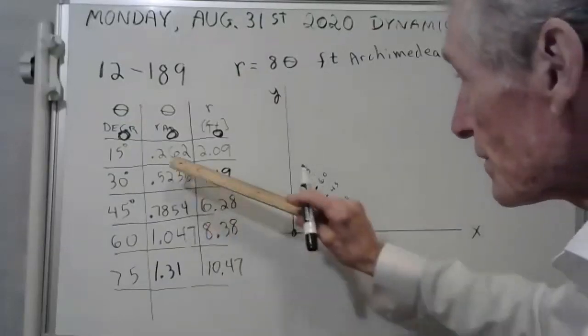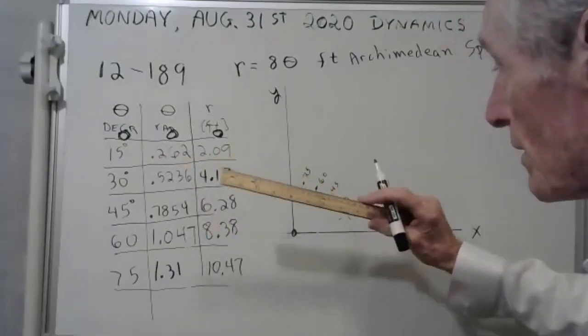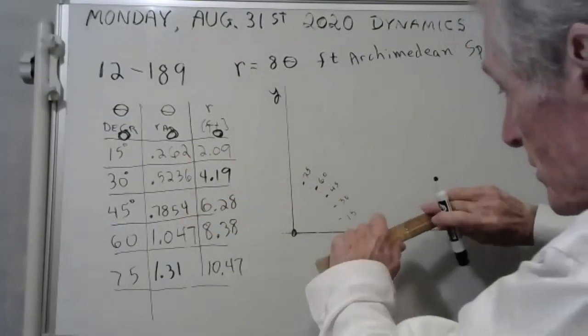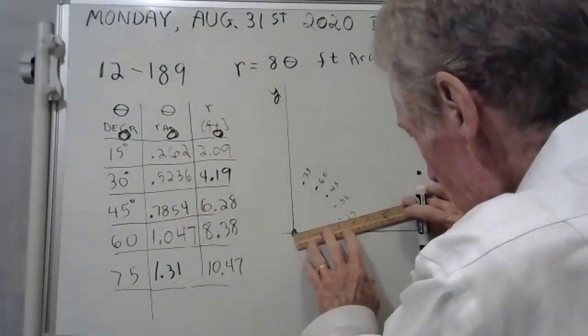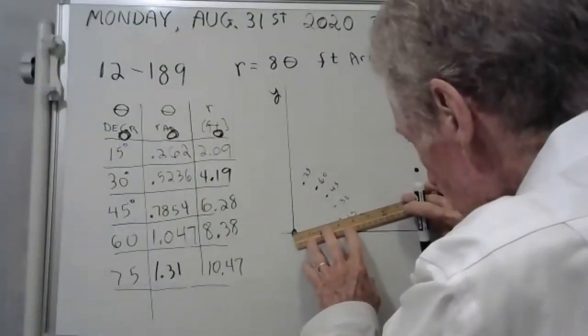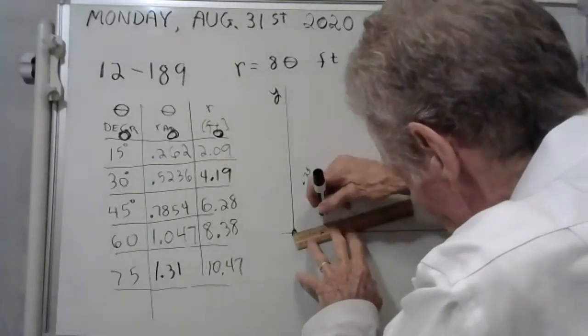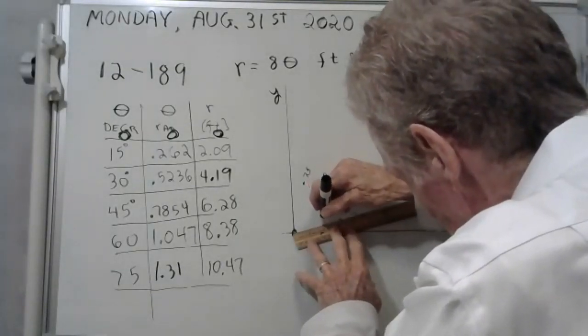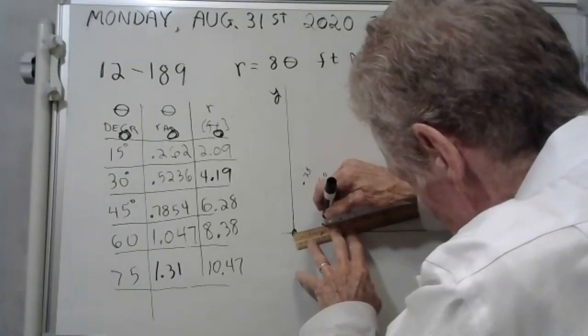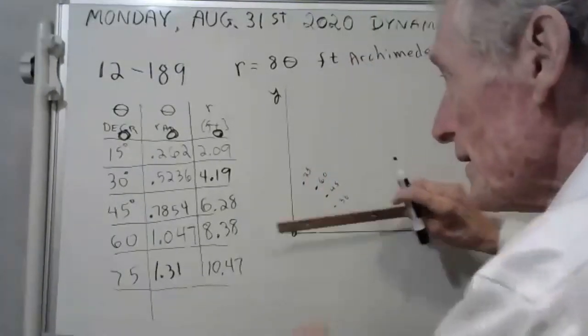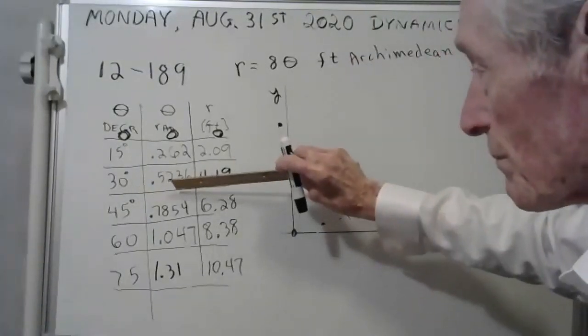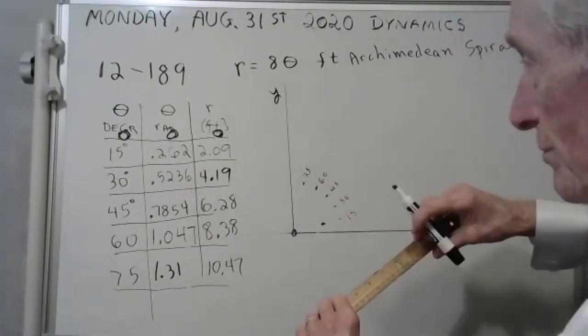Now this one at 15 is 2.09. Why don't I just use inches? That'd be good. So put that right there. You go 2.09. By Jove. We're right there. Now at 30 degrees, we went 0.5236.